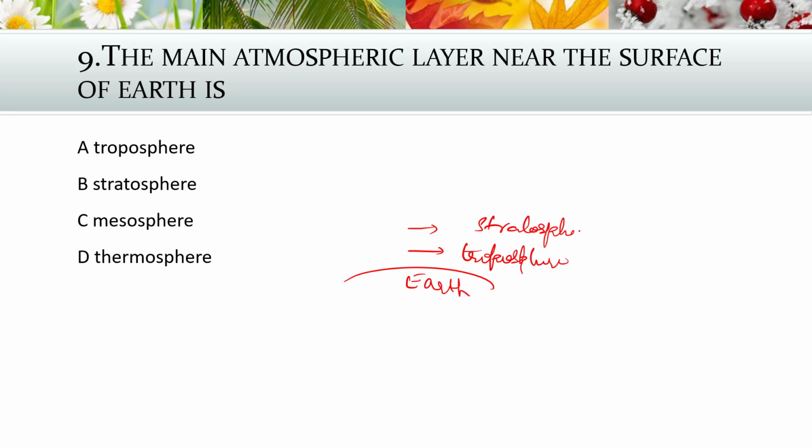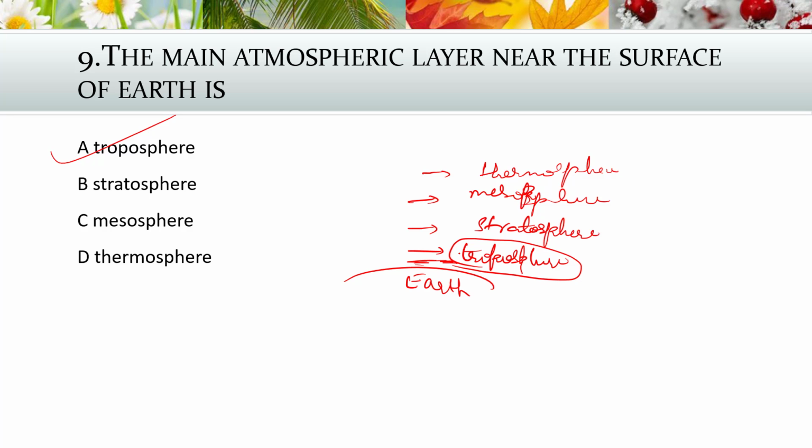We already discussed that in the stratosphere there is the presence of the ozone layer, and then it goes to the mesosphere, and then the thermosphere, and then I think it would be the exosphere. So what is the question? The main atmospheric layer near the surface of the earth is nothing but the troposphere. It is nearer to the surface of the earth, right? Troposphere would become the correct answer.